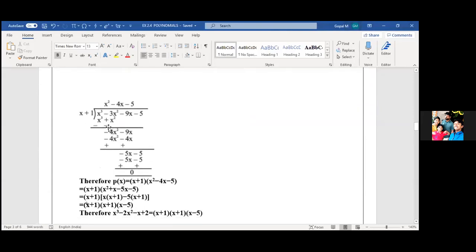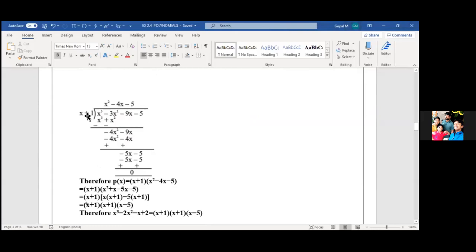So if I divide the polynomial, I got quadratic polynomial as a quotient. I got remainder 0 for that. Anyone have doubt in that? You all have practiced long division method, no? Yes, ma'am.